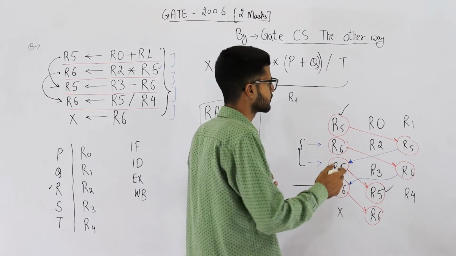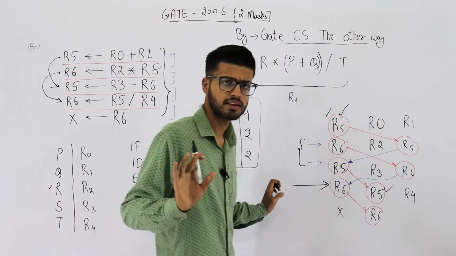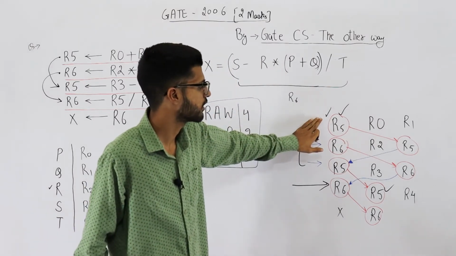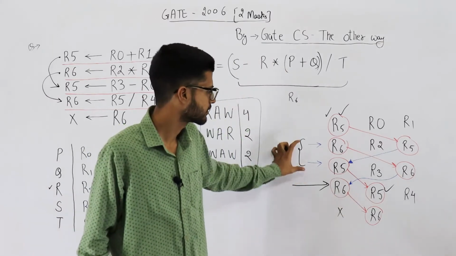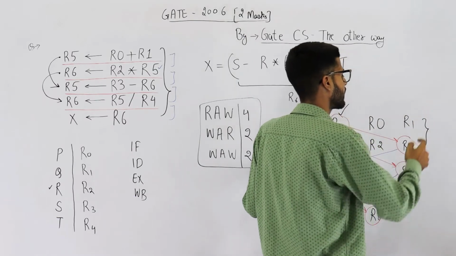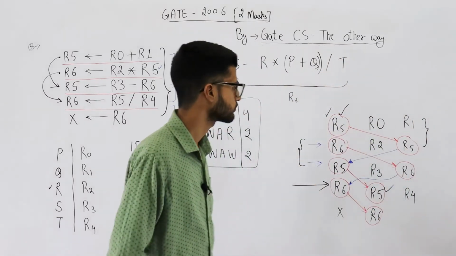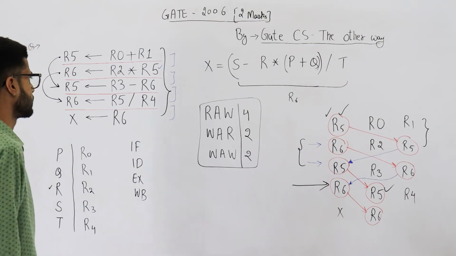What I'm trying to say is, this instruction would have surely written the value into R5 before this one tries to read it, because there is a lot of time gap. We only need to consider instructions that are very close to each other. Okay, so that's the reason why there are only 4 dependencies.